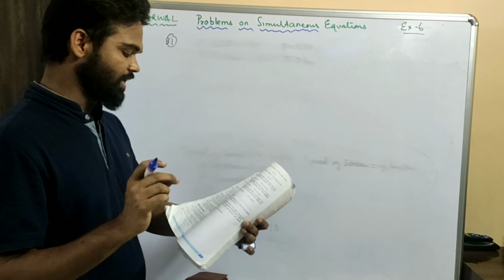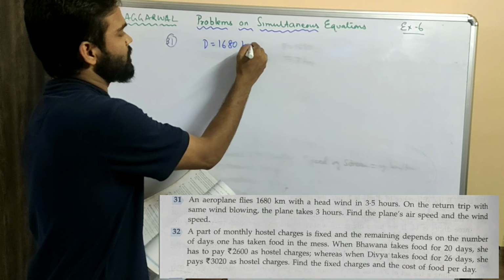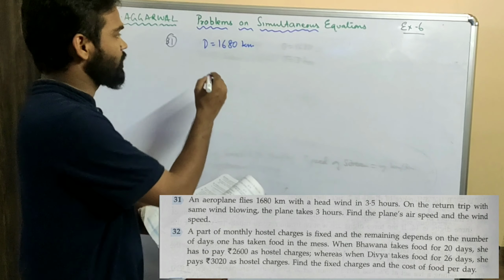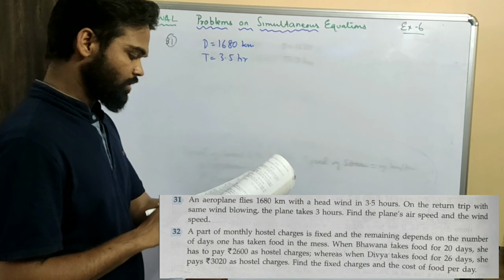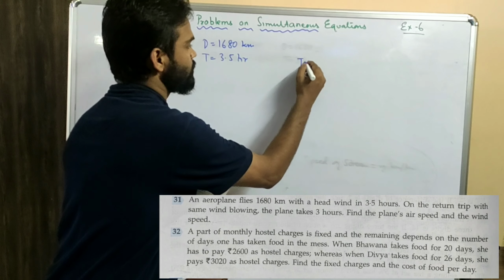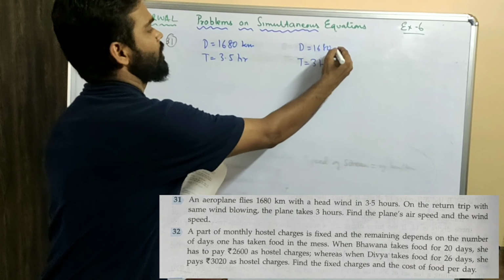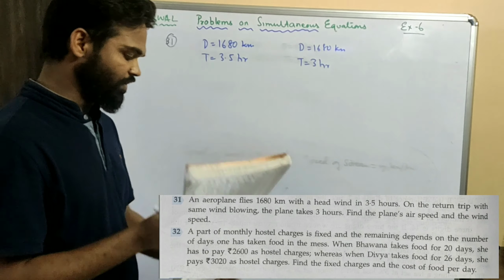An aeroplane flies 1680 kilometers with a headwind, meaning against the wind, in 3.5 hours and returns in 3 hours. The distance is the same. Find the plane's airspeed and the wind speed.